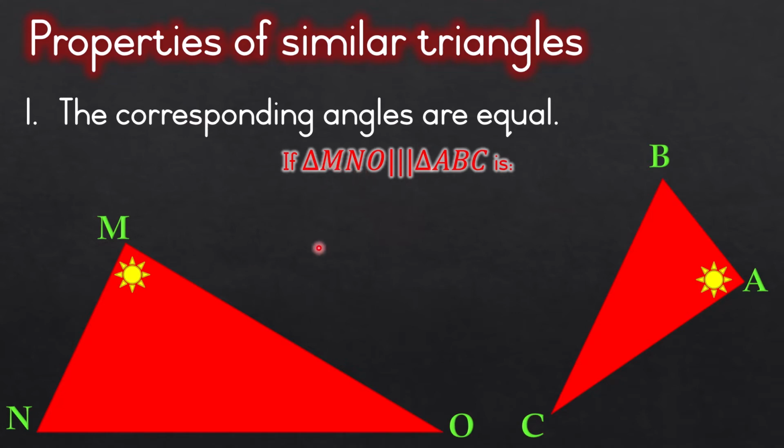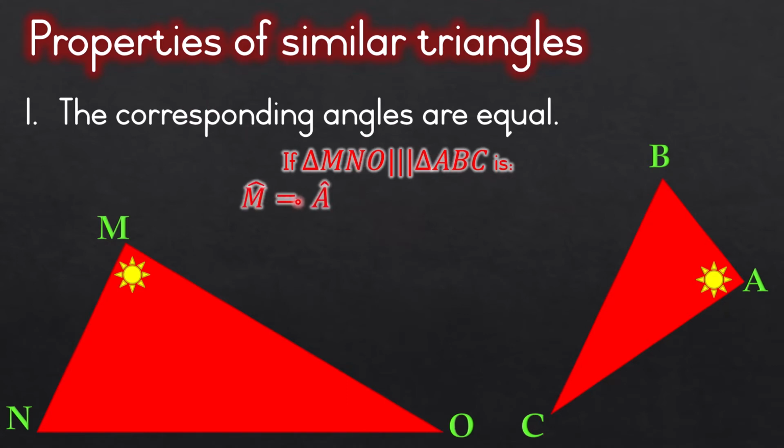So the important part is to look here. M is first and A is first, so those two first ones are equal to each other. That is what we can assume if they've given us this statement, that that angle is the same as that one. Next, they tell us that N is equal to B.